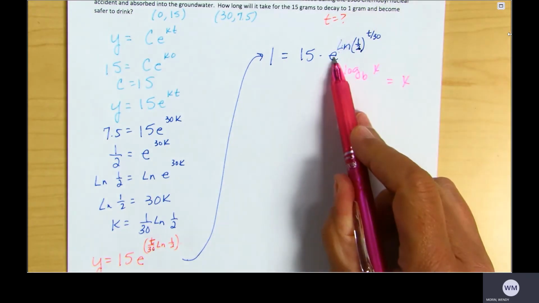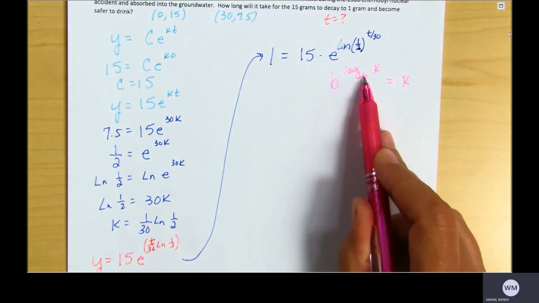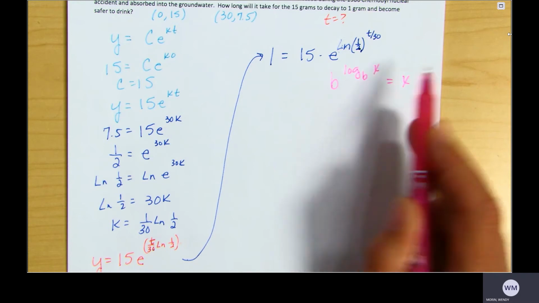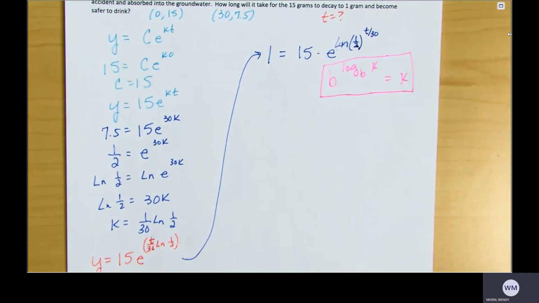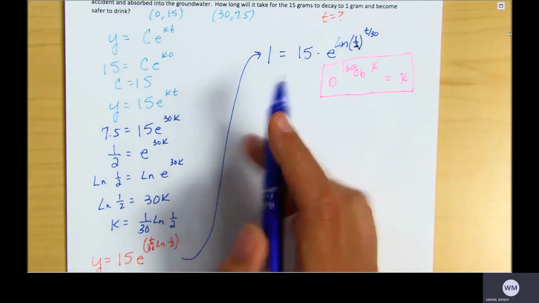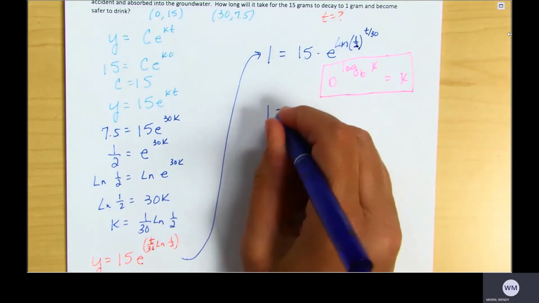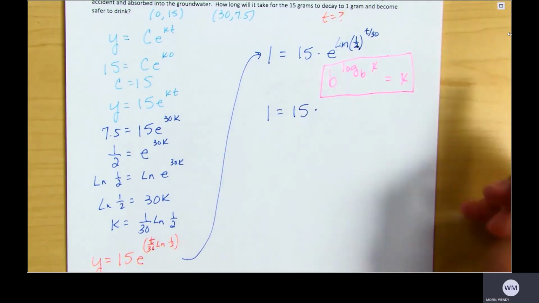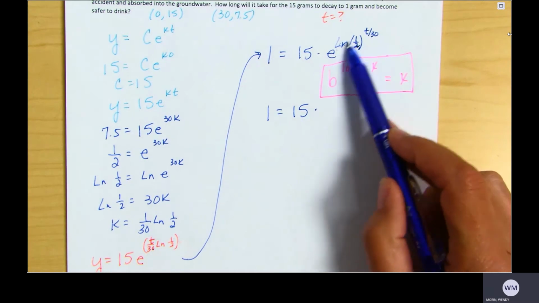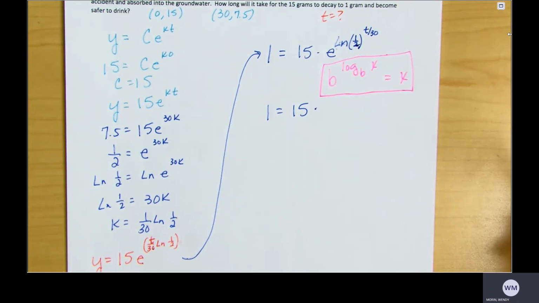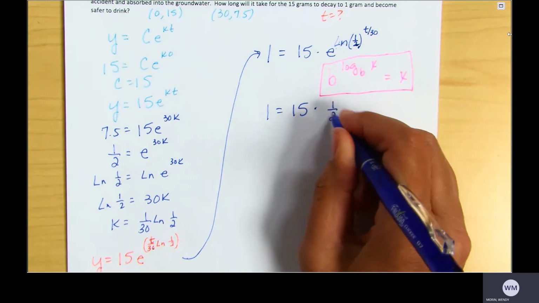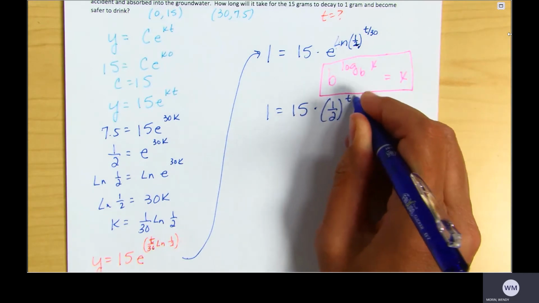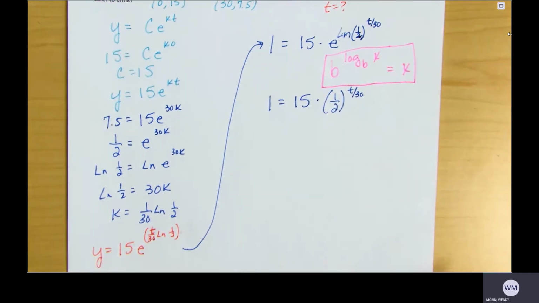So this is base e, this is base e, so the bases are the same, so it's just equal to this. So that's one of the log properties way back when. So if we continue with this, we get 1 equals 15, and all of this is equivalent to what? 1/2 times t divided by 30.